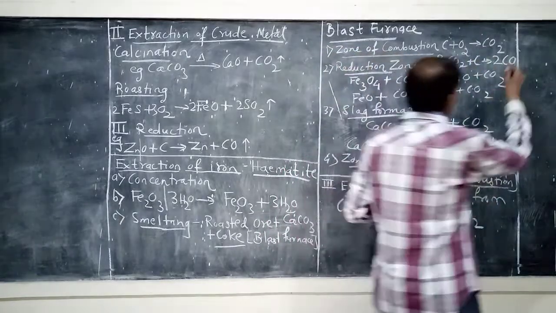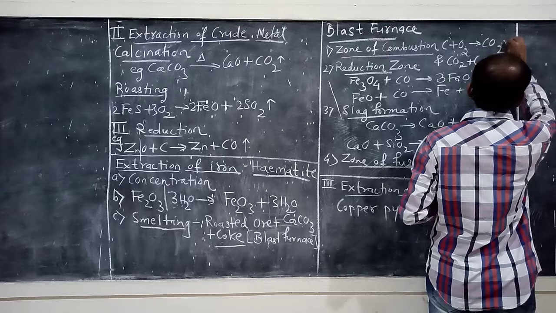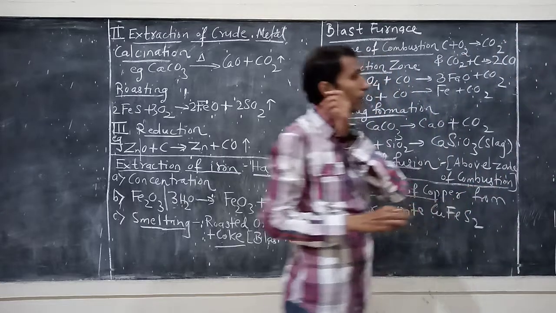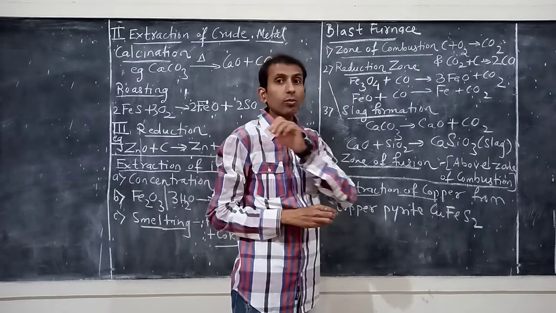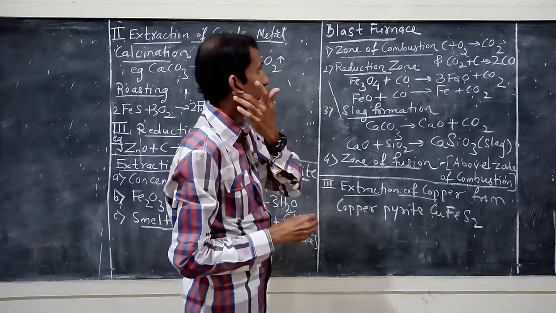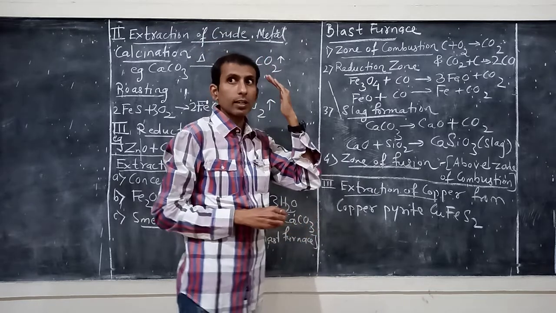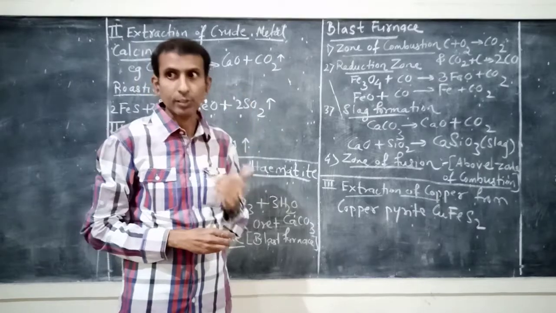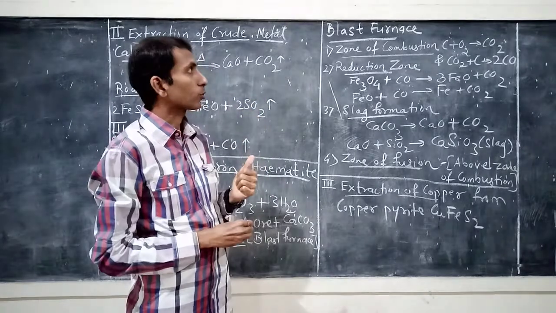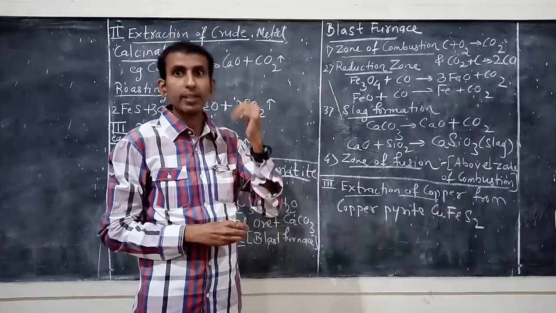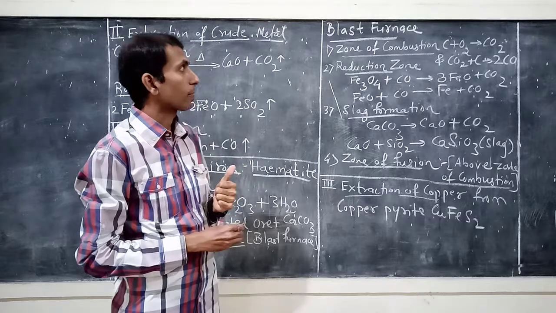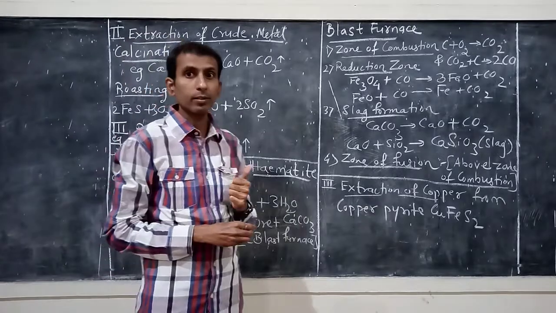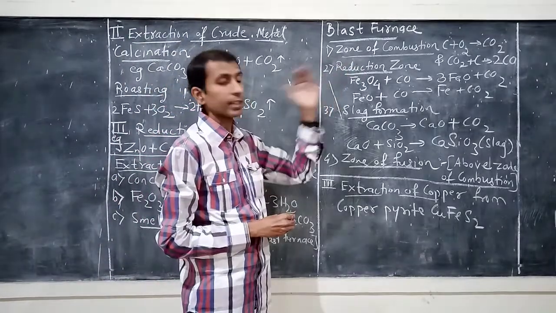This particular reaction is an exothermic reaction. Evolution of carbon dioxide or formation of carbon monoxide is an exothermic reaction. Temperature is highly increased because of this reaction. It reaches up to 1400 to 1500 Kelvin. So the temperature is very high because the reaction is exothermic.